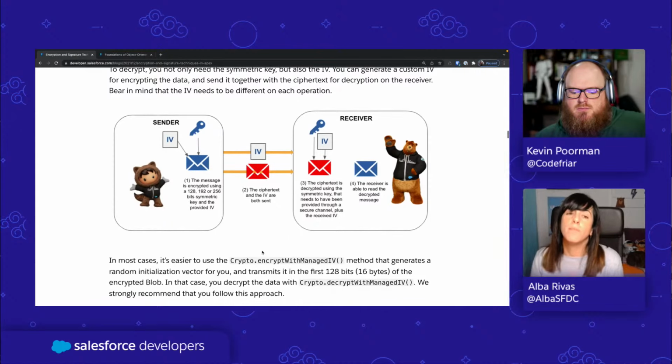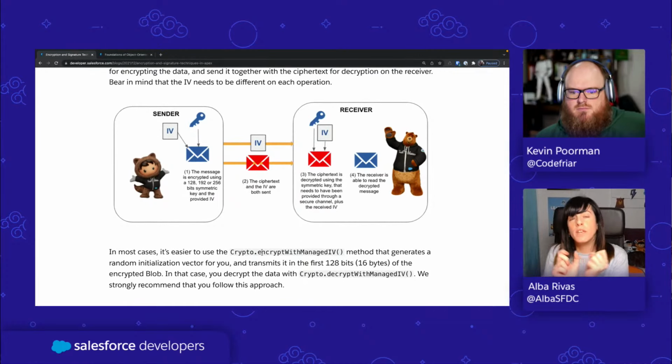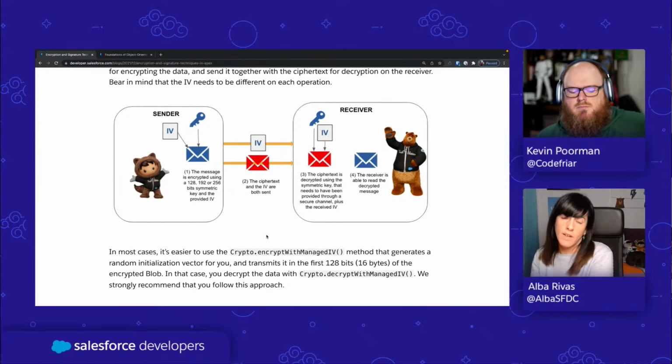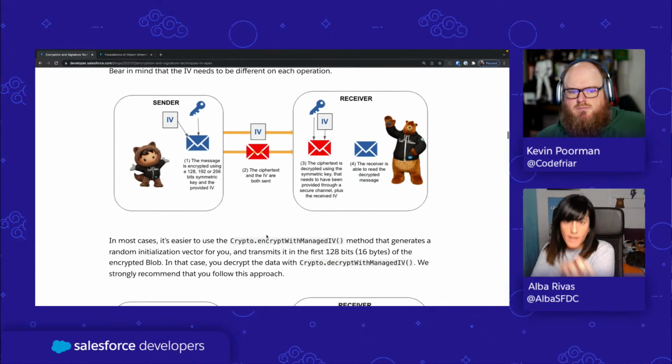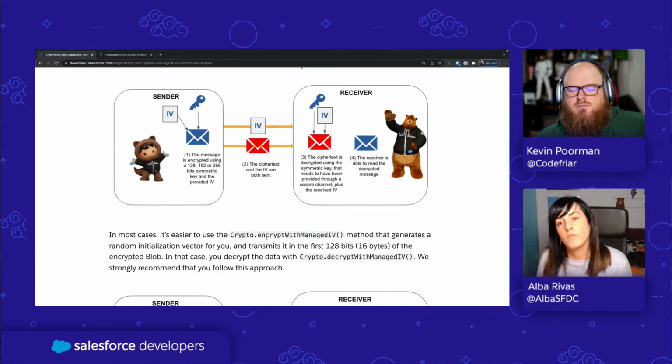But if you use the method called encrypt with managed IV, Salesforce is going to generate that initialization vector for you and send it to the receiver as part of the message. It's going to be the first 128 bits of the message. And then the receiver can rescue that initialization vector from the message and use it for decryption, right?